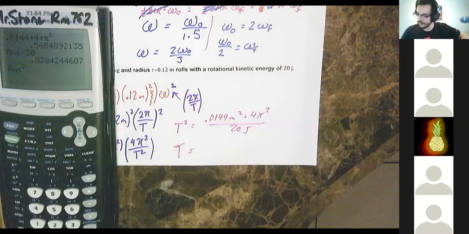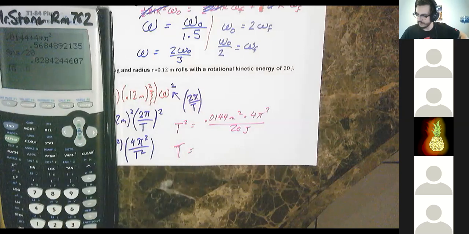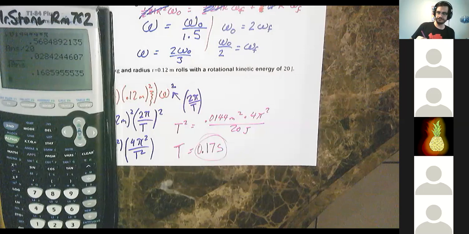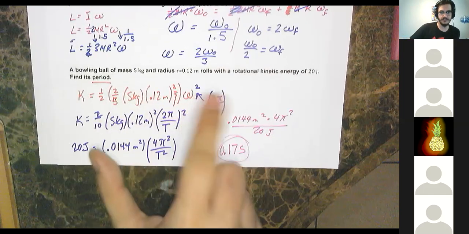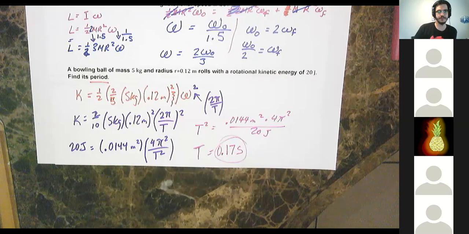Square root of answer is 0.17 seconds. All right, I feel like that one, as soon as you start actually plugging stuff in, wasn't that bad. It might be intimidating to set it up, but as soon as you get to here and you make this change, then you should have a vision to see the problem through the rest of the way.